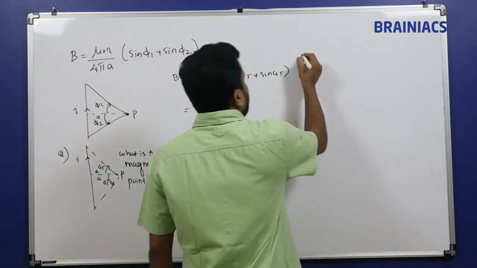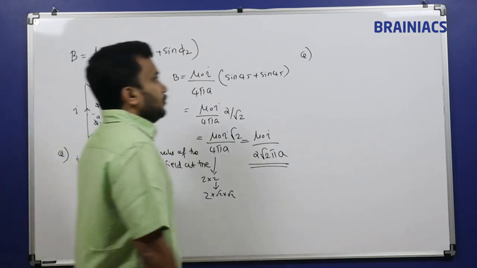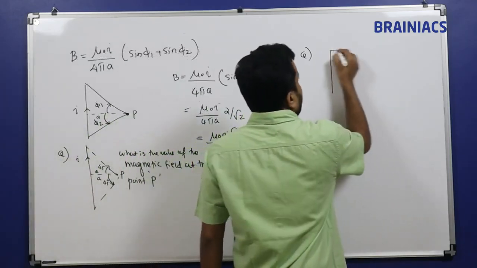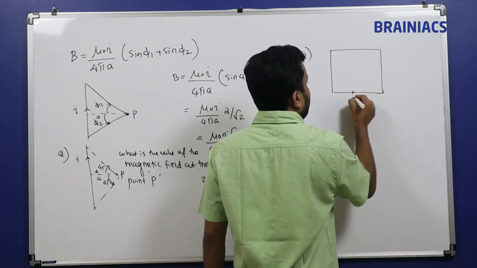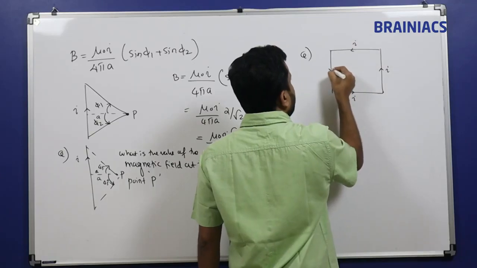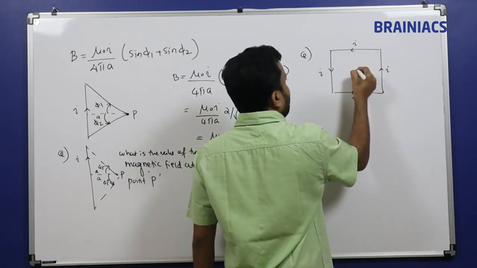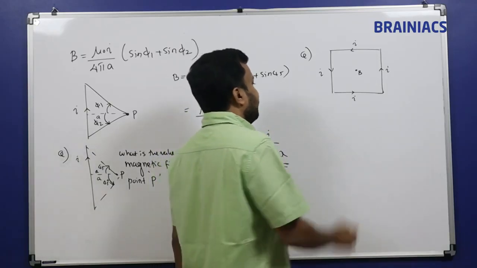Let's have a look at the next question, the second example. A current carrying conductor is given like this. It's a square shaped current carrying conductor carrying a current I in this direction. What is the value of the magnetic field at this center?